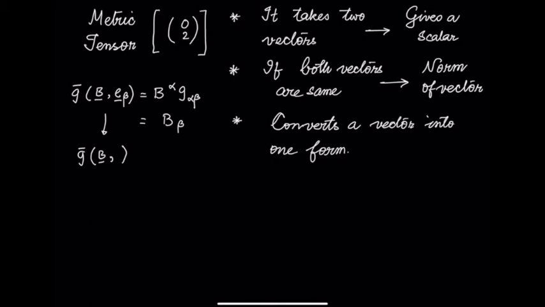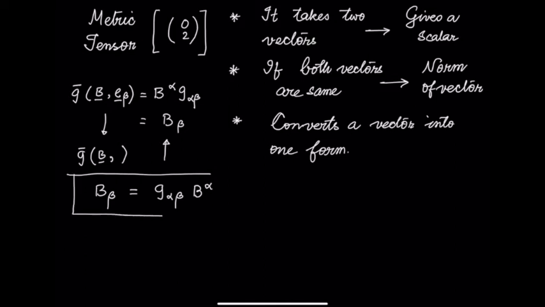If you look at it component-wise, here I get the component of a one form by multiplying the components of the metric with the component of a vector. And that is interesting. Here I also see the component of the vector gets transformed to the corresponding component of the one form.